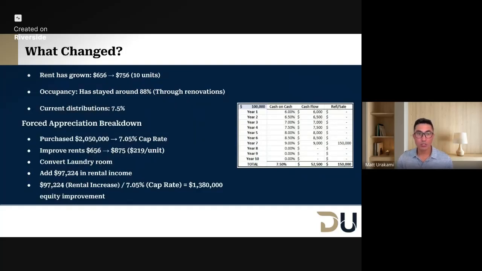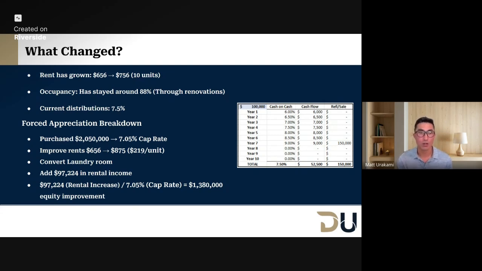And so what's changed since day one of acquiring this property to date? We have renovated and leased 10 units, increasing our current average rent from $656 on day one to $756.